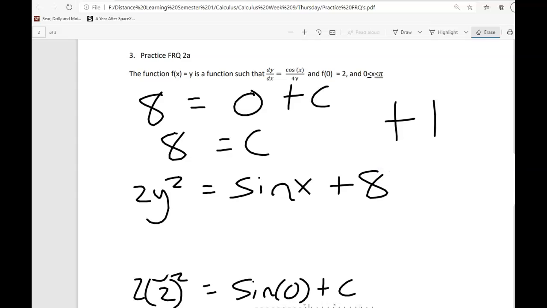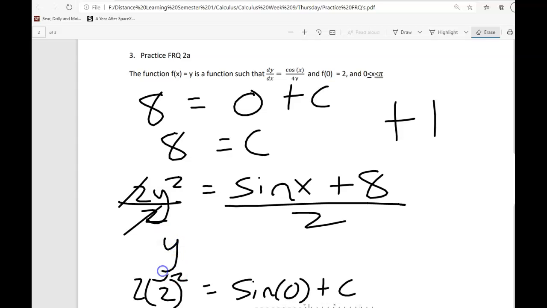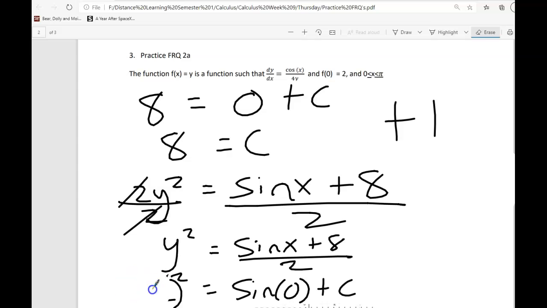All right, the next thing we want to do is get y by itself. There are 2 steps involved here. I'm going to divide both sides by 2. More writing space for myself here.